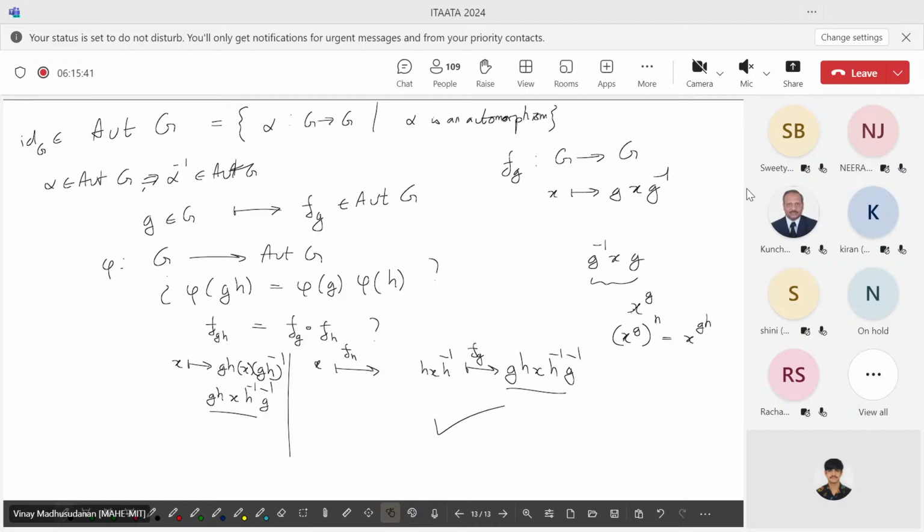So in fact, there is sometimes a strange notation, left-side exponentiation. Then if you do x power g power h, it will be x power hg, so you apply g first, not h. It's actually a useful notation sometimes.